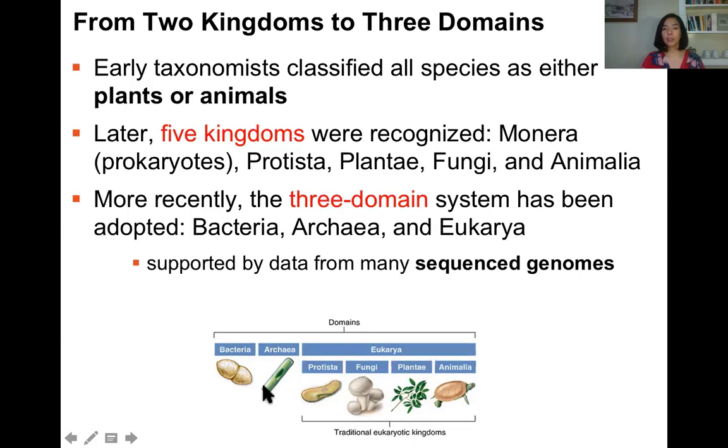And that is the reason why we have separated and accepted that we actually can classify the species in 3 domains based on the evolutionary history.